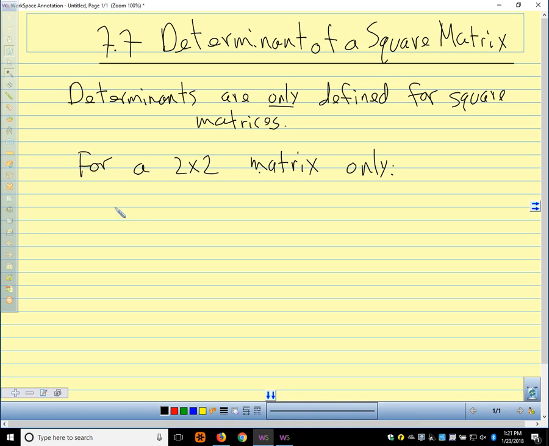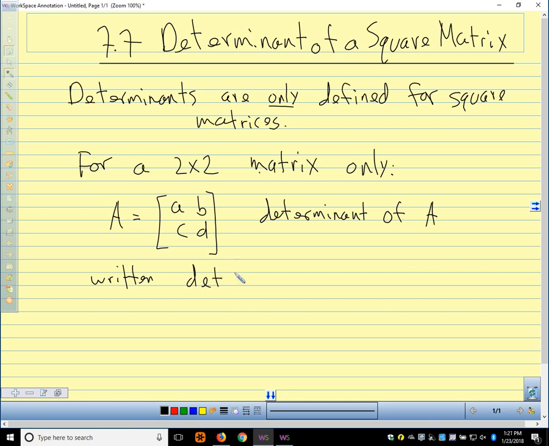We write A is, I'm going to say it's a matrix A, B, C, D. The symbols that we use apply to larger matrices. It's the procedure that only applies for 2 by 2. The determinant of A, we write either DET A, DET for determinant.